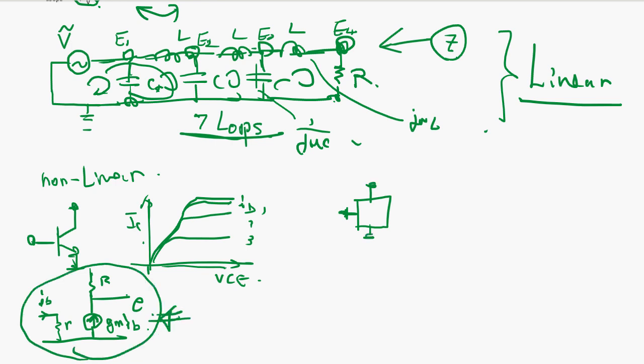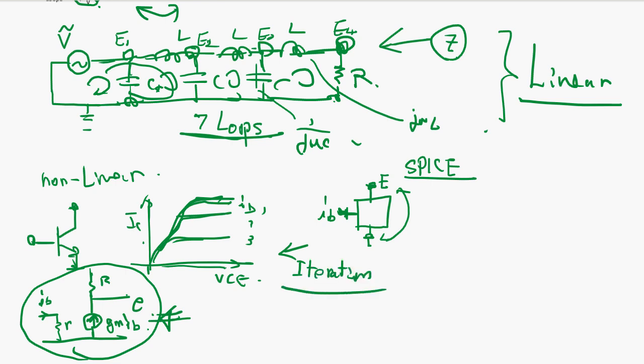But if not small signal, the computer program called SPICE is going to calculate this IB and E, this voltage, using this non-linear curve, and this one is done by iteration to get the approximate value.